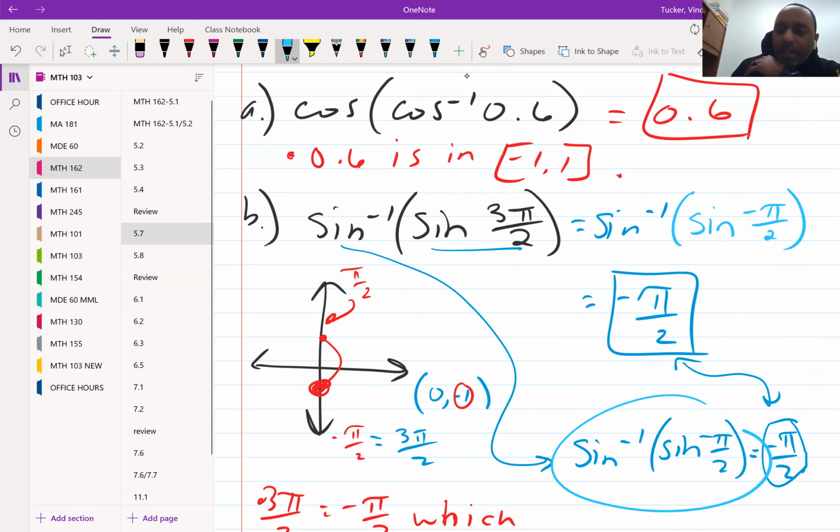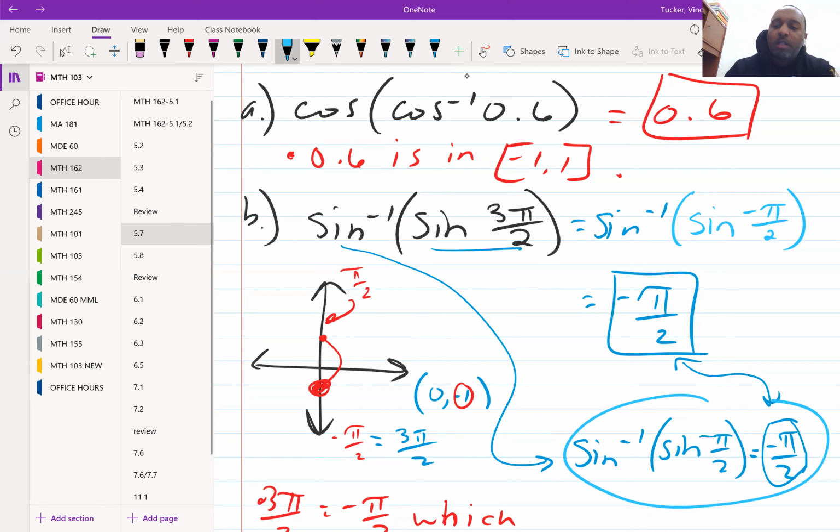Let me figure out why I wrote that right there. Anyway, okay, I see what I was doing there. But anyway, next, sine inverse of sine negative pi over 2. Since negative pi over 2 is in our domain, it cancels out just like it happened up here. And that leaves us with negative pi over 2.